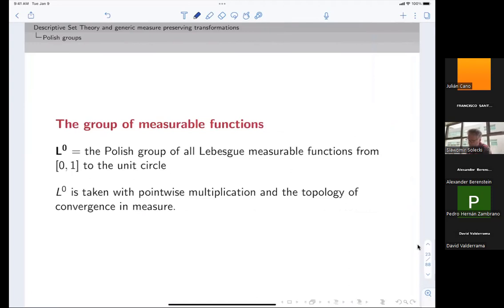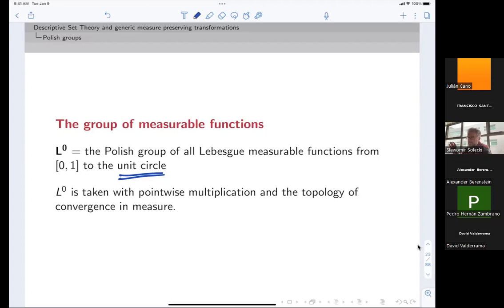The topology is the topology of convergence in measure. This is the simplest topology on measurable functions. In this case, because the values of the functions are bounded, they are in the unit circle, it doesn't really matter which Lp topology we pick.